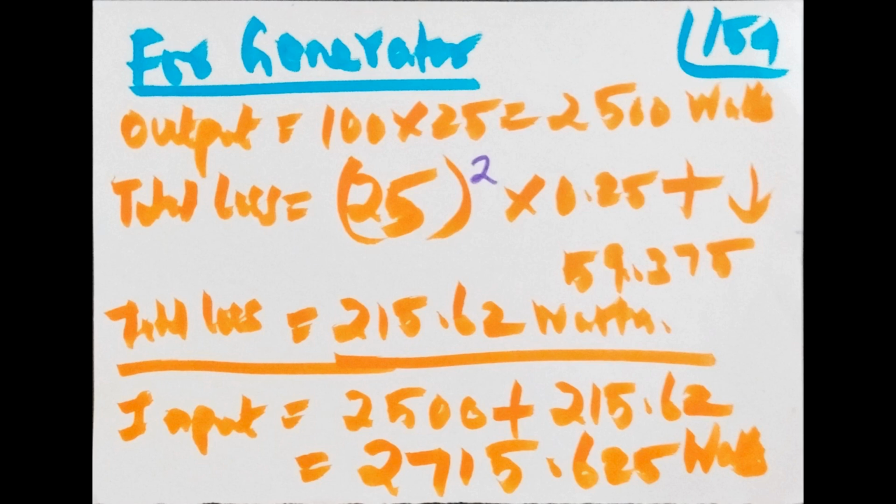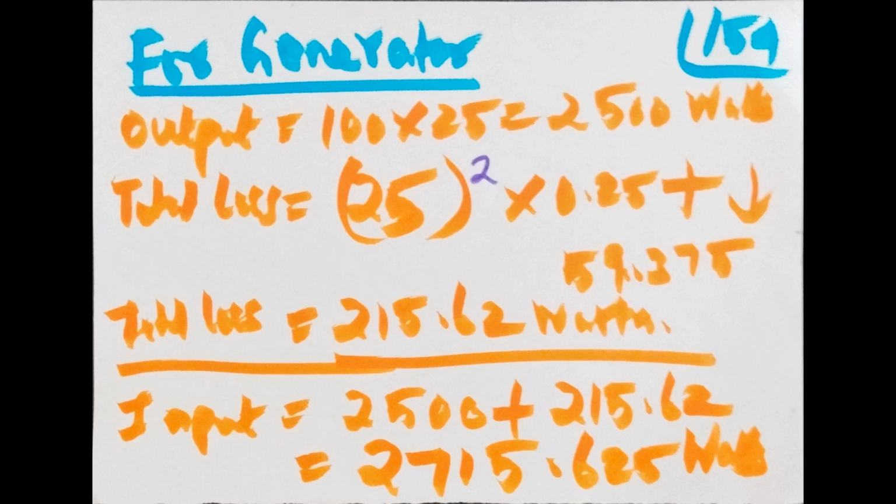For the generator, output is VL into IG, that is 100 into 25, 2500 watts. Total loss is 25² into 0.25 plus 59.375, where 25 is the generator current, 0.25 the resistance, and 59.375 the constant losses. Total loss is 250.62 watts.